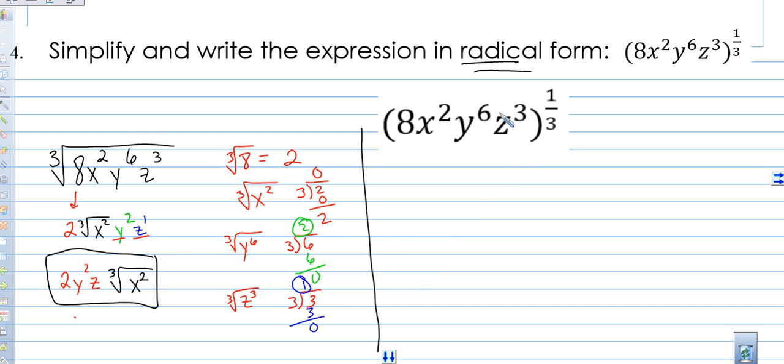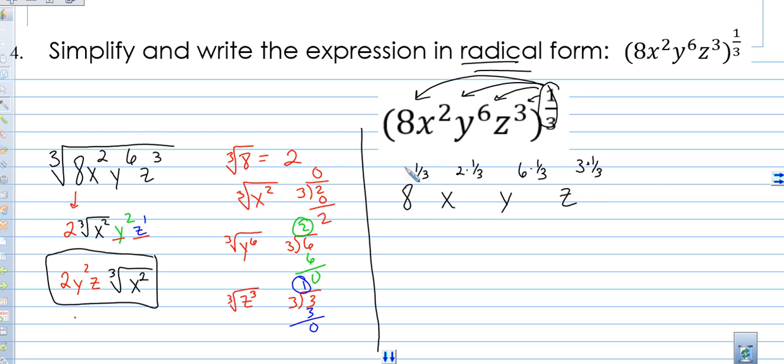The second way you could do it is you can distribute the 1/3 to all of the exponents inside there. This says 8 to the 1/3, so you write 8 to the 1/3. This says x to the 2 times 1/3, y to the 6 times 1/3, and z to the 3 times 1/3.